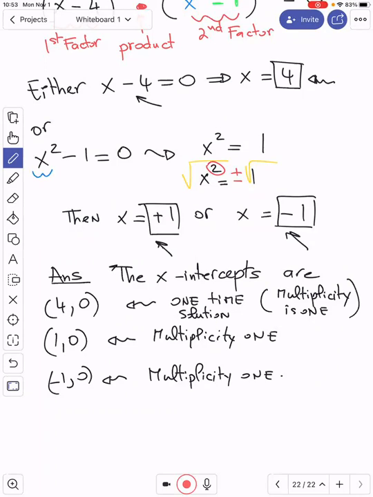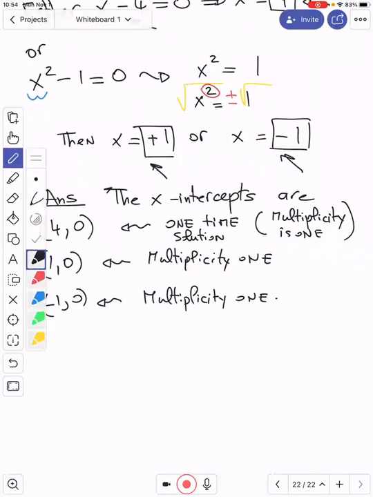Now, we need this notion of multiplicity. I need to discuss more examples and try to find the multiplicity of the x-intercepts. So this notion of multiplicity is defined as follows.